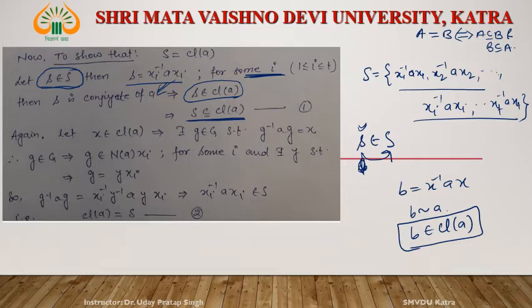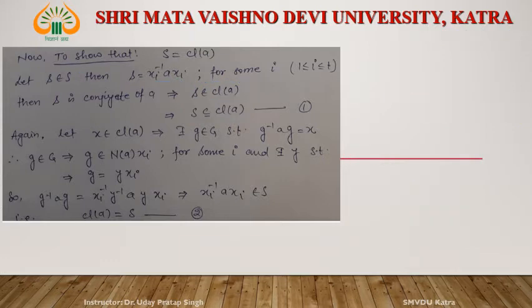Now, let us assume that X is an element of CLA. Then there exists G such that G inverse AG is equal to X, since X belongs to the conjugate class of A. Now G is an element of capital G, and capital G is the union of NaXi, for i equal to 1 to t.